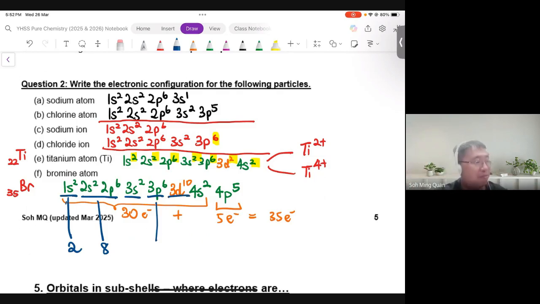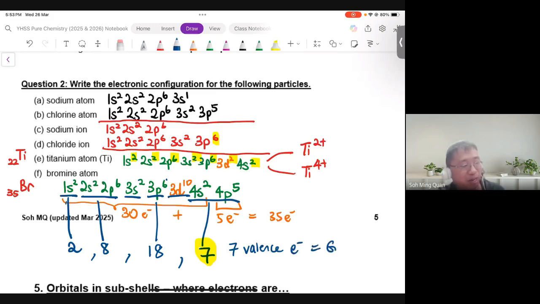So the third shell maximum, you look at it, 2, 6, 10, 18. So the third shell holds a maximum of 18. And finally, the fourth shell, 2 plus 5, 7. And that makes sense. Bromine has 7 valence electrons. Hence, bromine is group 17, just like chlorine is.